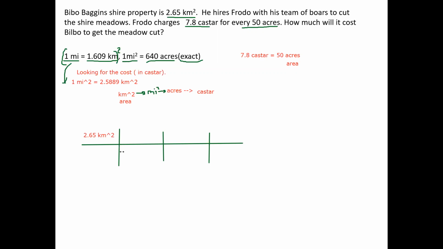So in our conversion, kilometers squared is on the bottom. Miles squared is on top. So now we have miles squared, we want to convert to acres. Again, in our empty train track to the top left is miles squared. So in our conversion factor, it goes on the bottom. Acres go on top.